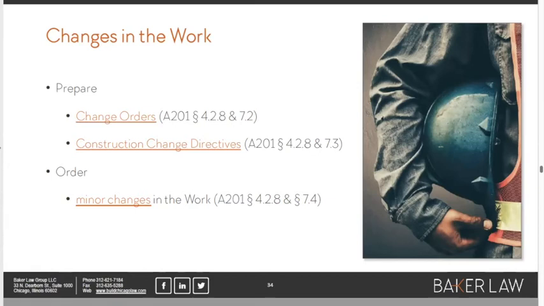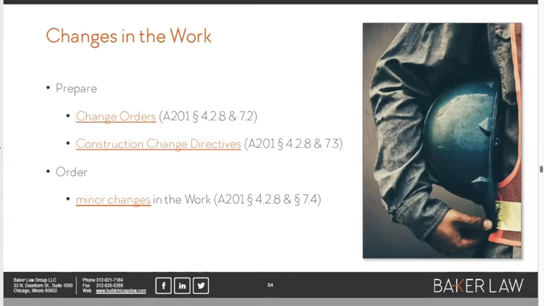But there's another lesser known concept called a construction change directive, which is really important because it prevents a contractor from getting an owner over a barrel if the contractor wants a change order, right? Every single person on this call right now has been involved in projects where there are disputed change orders.